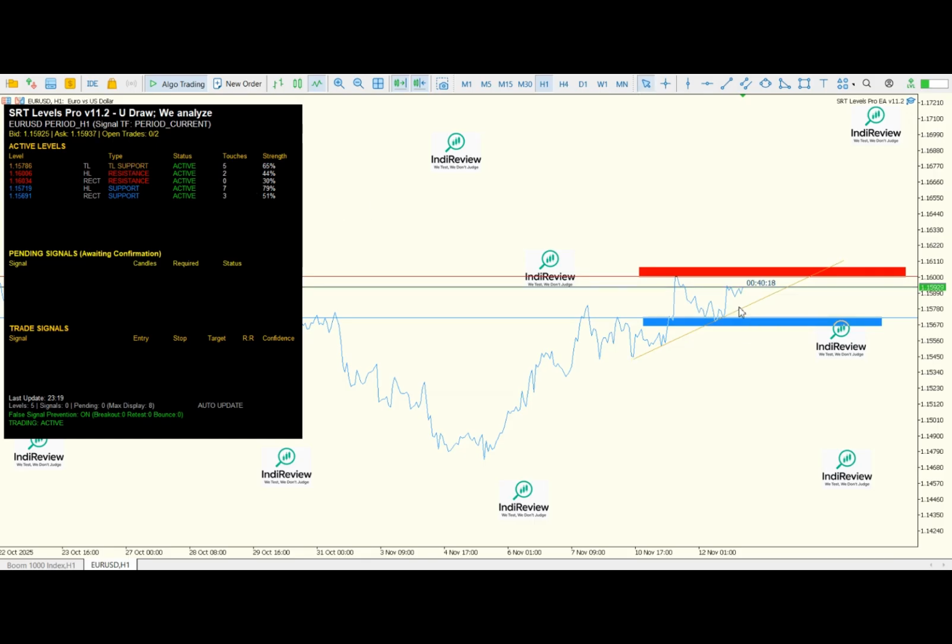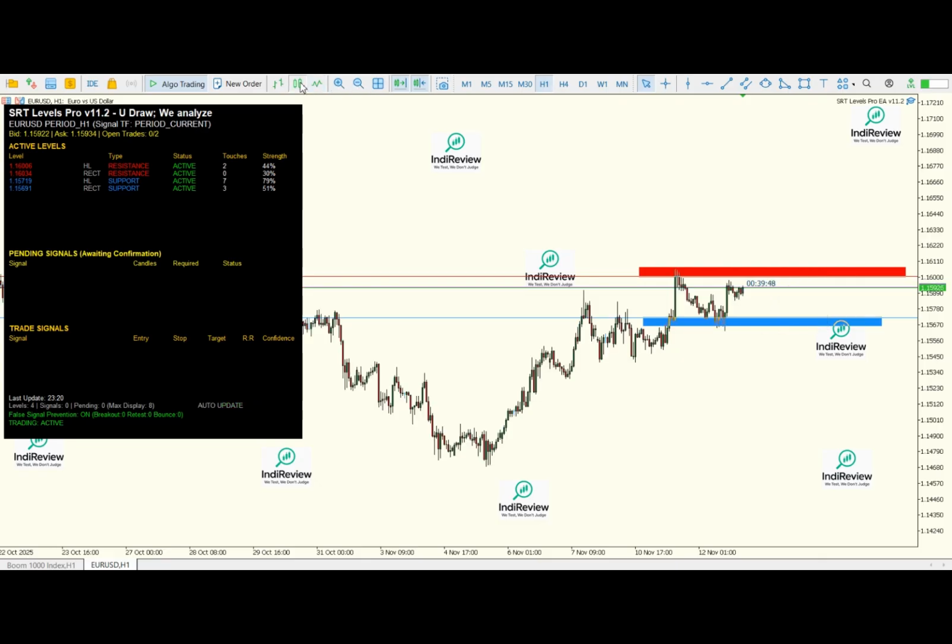So if the market breaks below this, it's going to give a sell signal, right? If the market breaks above this line, it's going to give a buy signal. If it breaks below this, it's going to give a sell signal. So I can take this one out and then put everything back. All right, so I have this here.